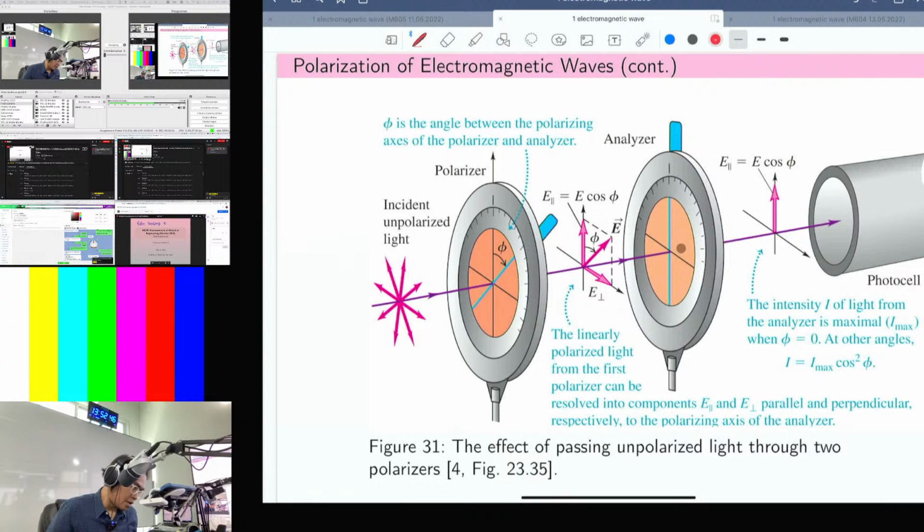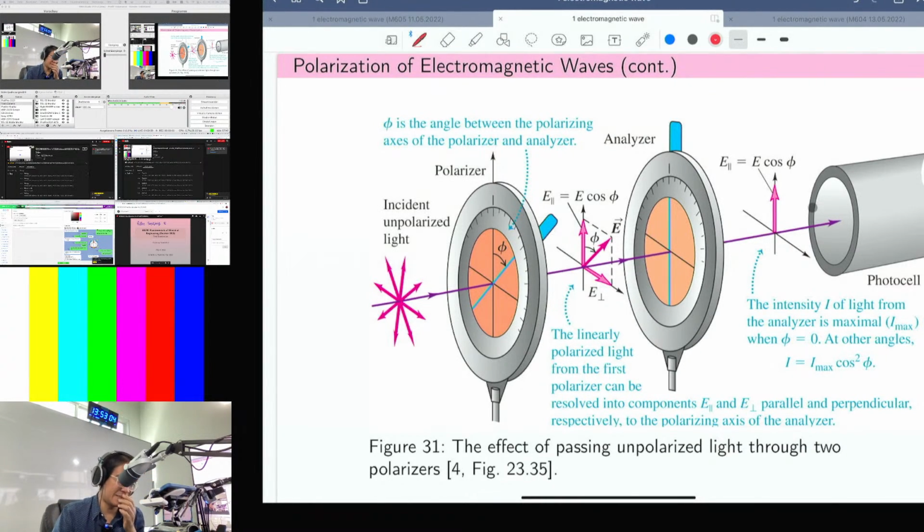Of course, the polarizing axis is vertical, so only the wave that has the E field in the vertical way will be able to transmit through this filter. And finally, we get only E cosine.